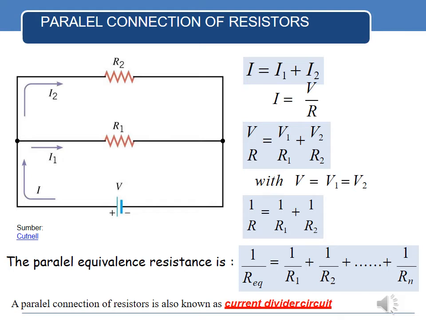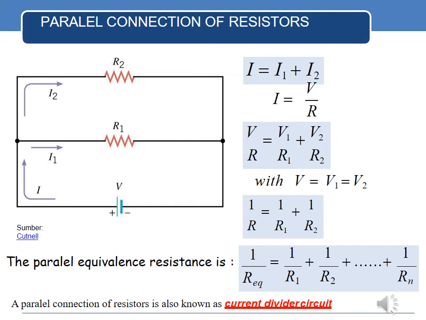We connect the head of R2 and the head of R1 to the negative pole of the battery. So this is called a parallel connection: you connect head with head and tail with tail.